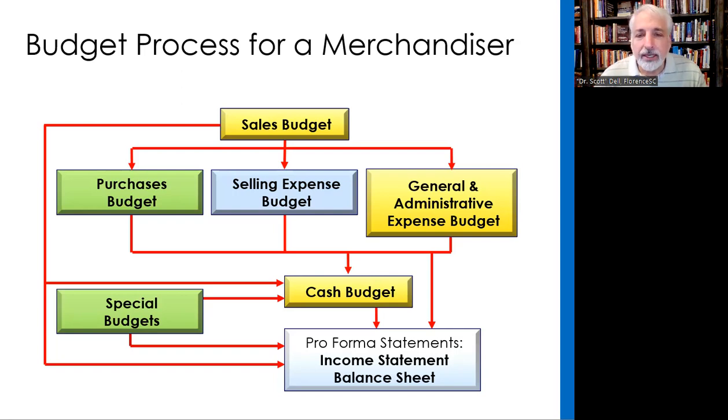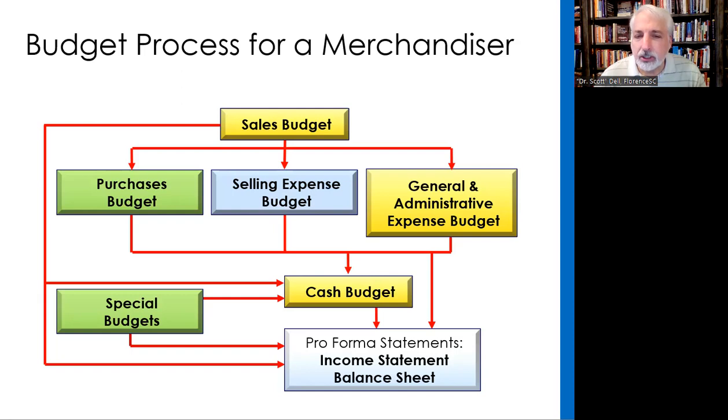That will yield a cash budget. So the cash budget includes from the sales budget our revenues, and spaced out depending on when we expect to get paid, the receivables to be paid. But we also have our payables, and we have to pay our vendors, we have to pay other suppliers, we have to pay for utilities, rent, labor, anything else that goes with that. All is reflected in the cash budget.